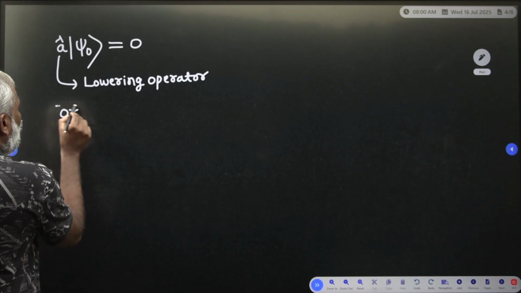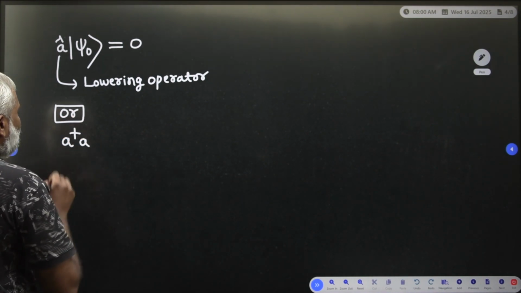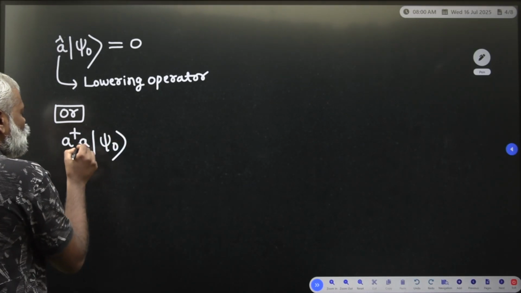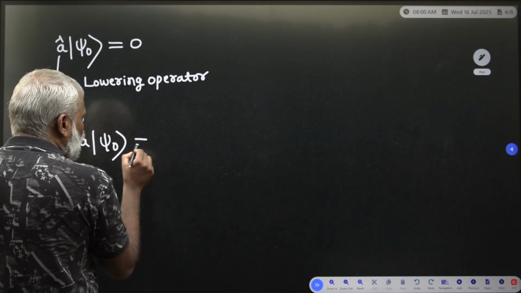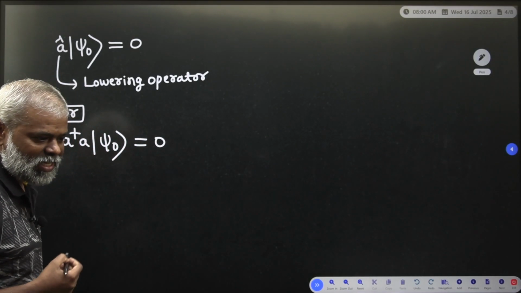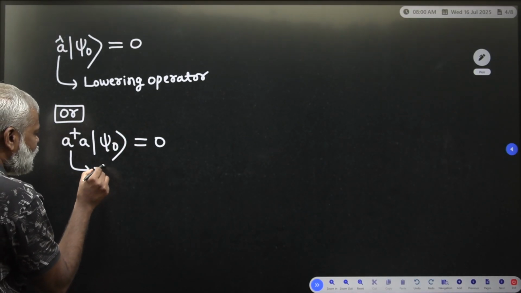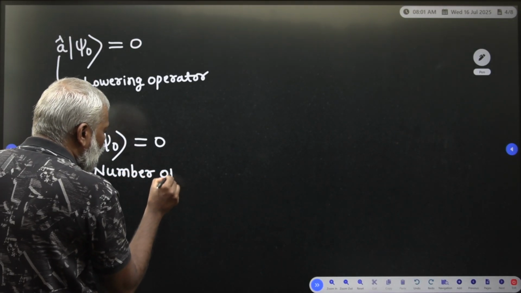Otherwise, if you take a†a, you also have to apply it on a lower state. So, what will happen? This state is going to 0, and 0 into something is equal to 0 only. So, what is this a†a? This operator is the occupation operator or number operator.